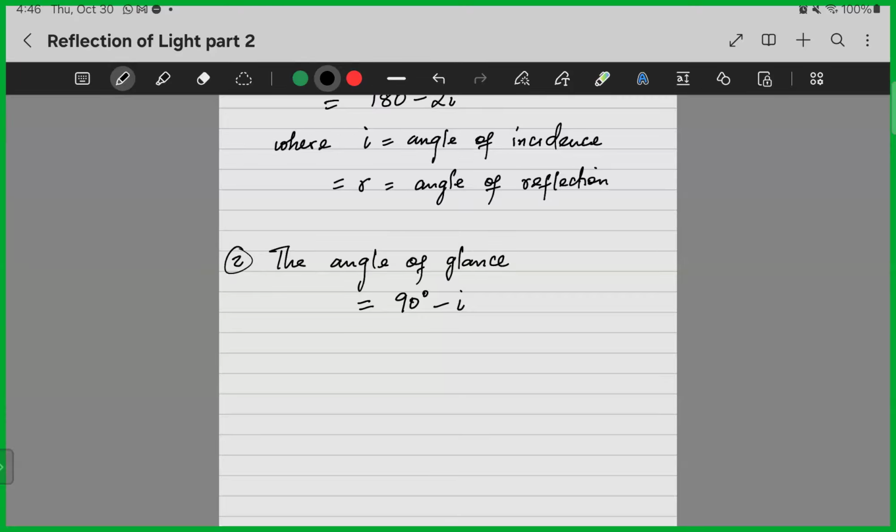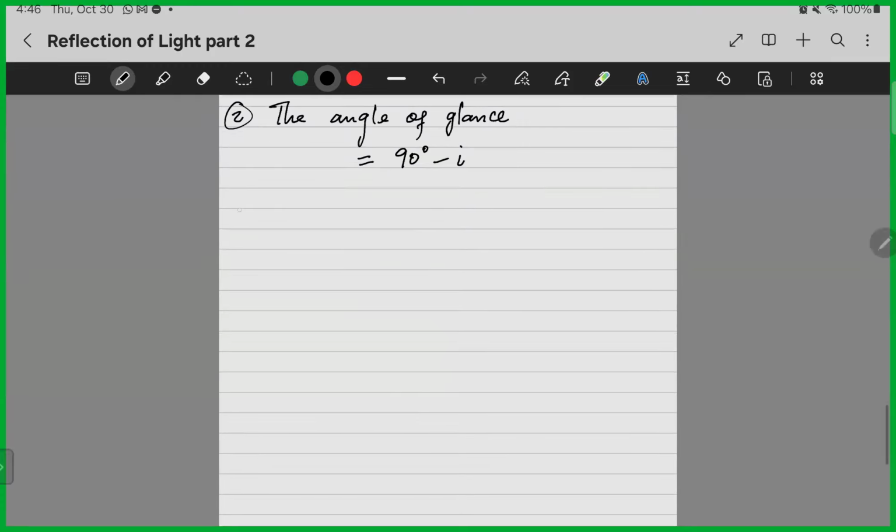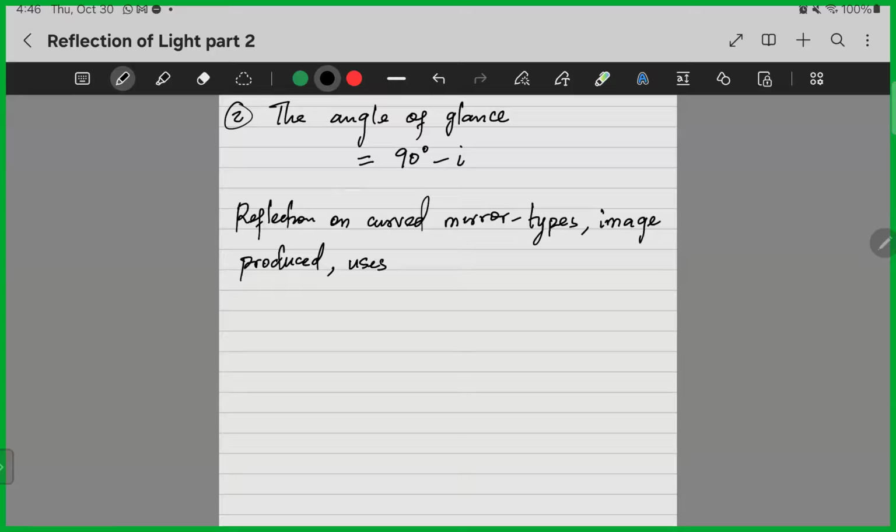Let me go straight into reflection on curved mirror types. I'm also going to talk about the images produced, the uses of curved mirrors, and the mirror formula.